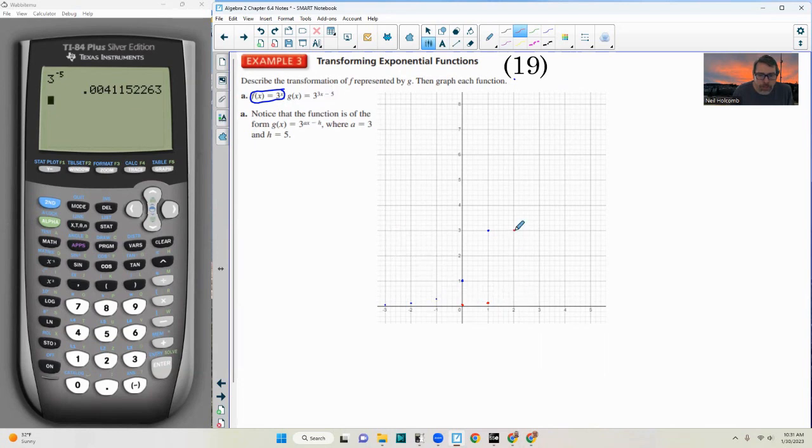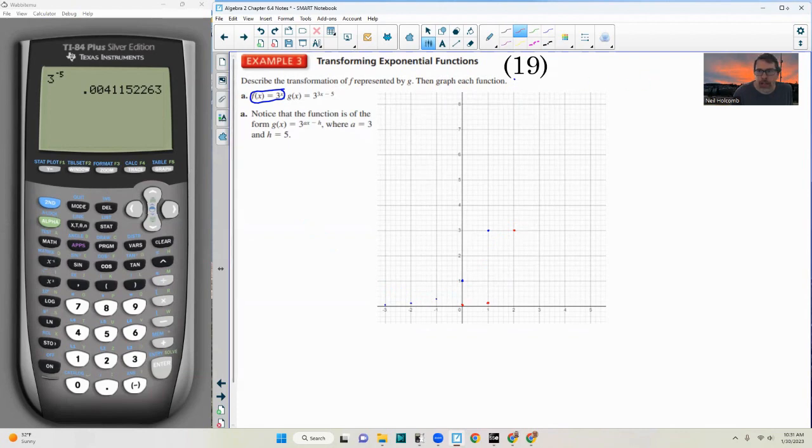So now I'm right here. And if I plug in a 3, 3 to the 9 minus 5 is 3 to the 4th power. Then it gets big really fast. 3 to the 4th is 81. So that would be 3 comma 81 and way up, but this only goes to 8. So I'm going to go the other way, and it's getting closer and closer to 0. And so this is what the two graphs would look like.